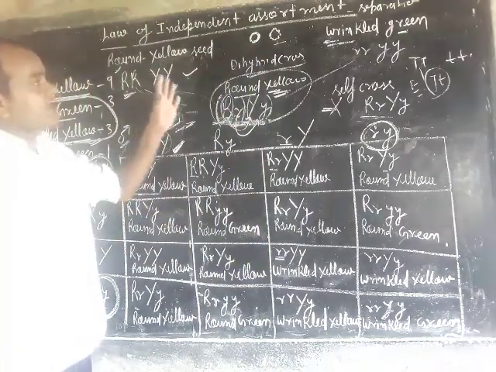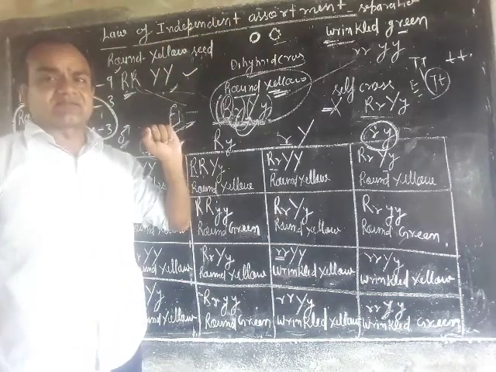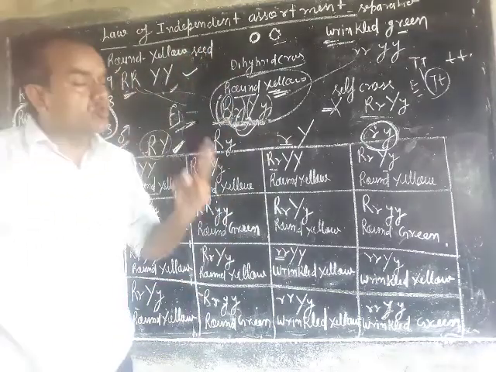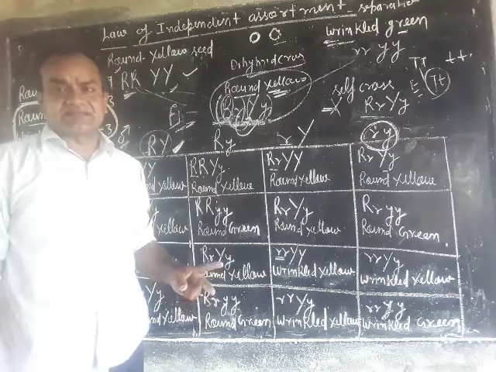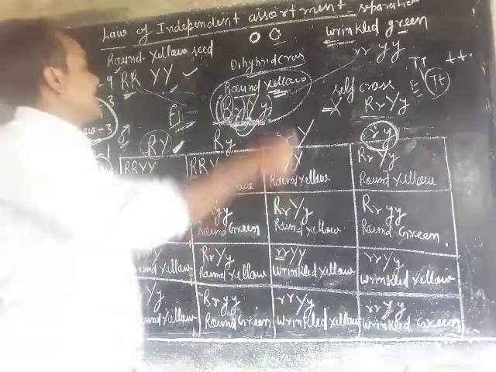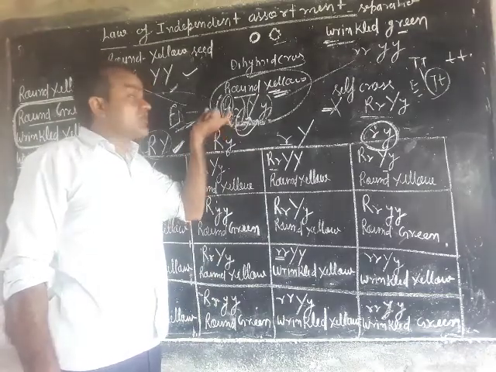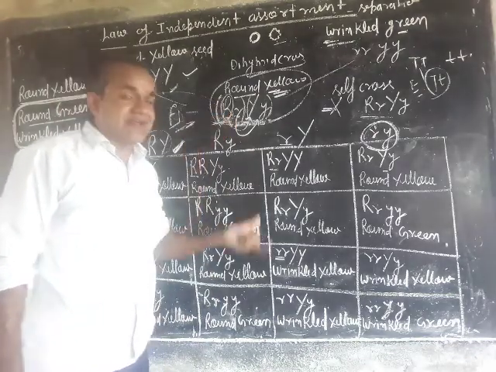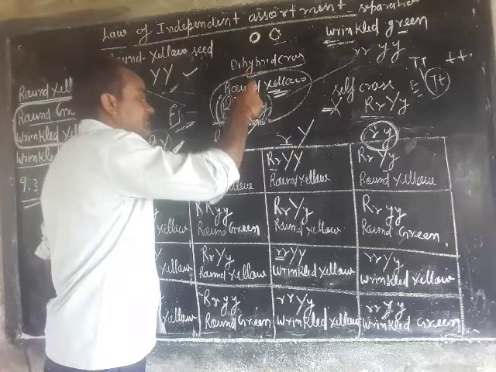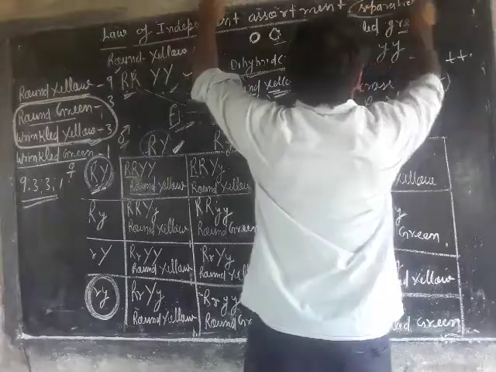And listen to it again. This law is based on the dihybrid cross. When there is a cross between two pairs of contrasting characters, at the time of gamete formation one trait or character separates from another trait independently.